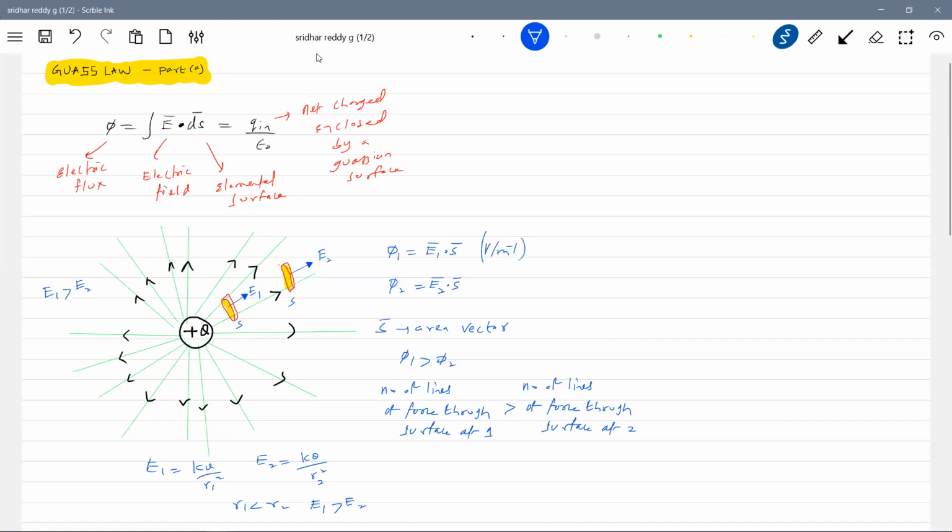So what is the electric flux? We'll just focus on that. Let me take an elemental surface.